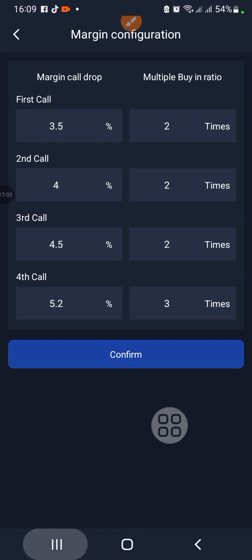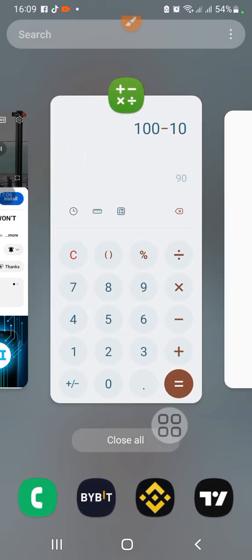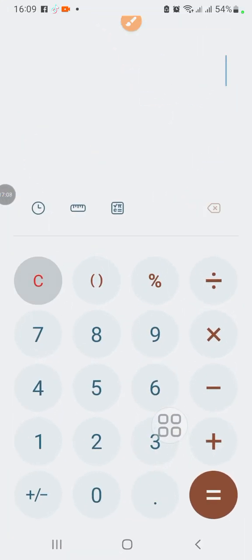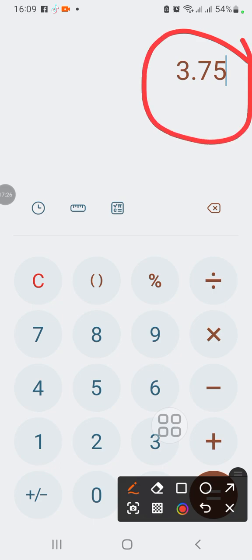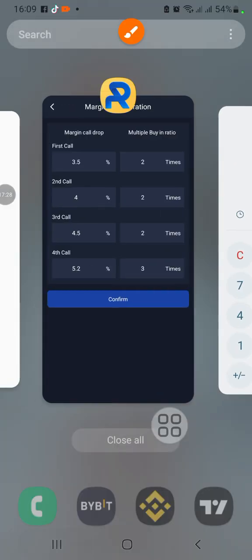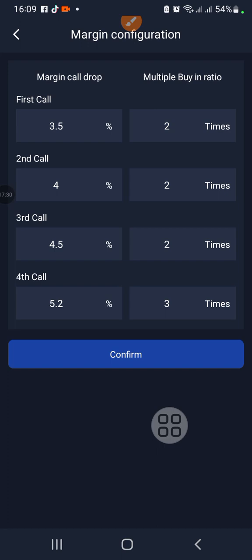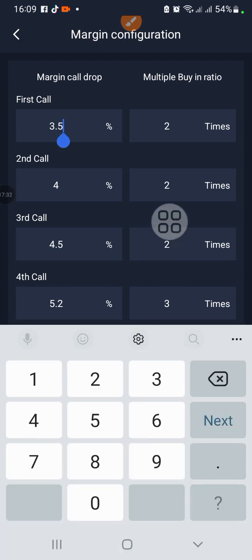So we are going to go back to our calculator and put in the 15% drop, divided by 4, which is the 4 margin calls. So the answer here is 3.75. It means each time you can put 3.75.